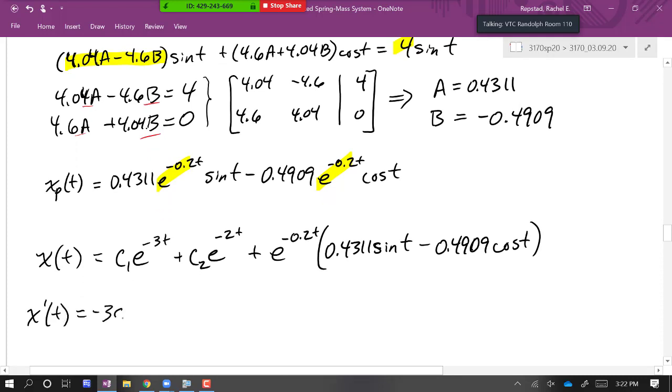So we got minus 3 c1 e to the negative 3t minus 2 c2 e to the negative 2t, and then product rule.